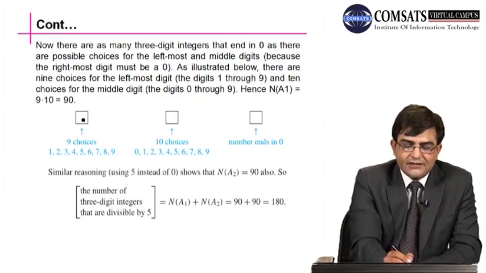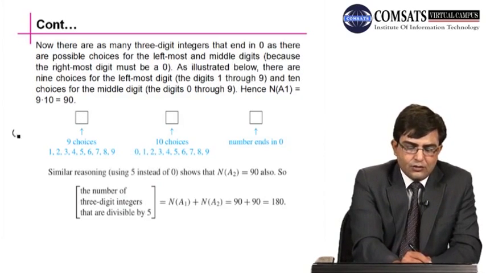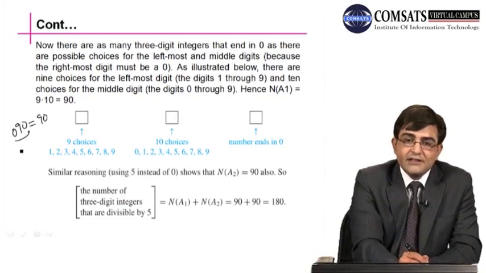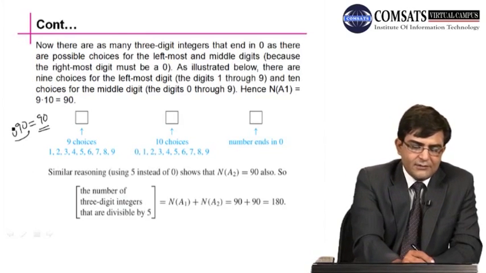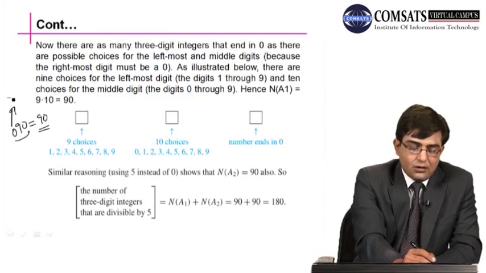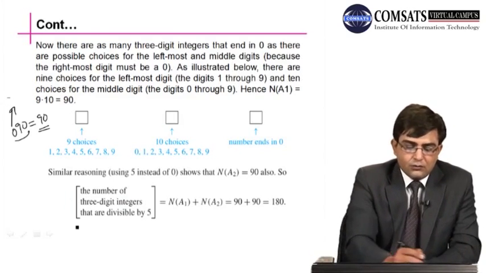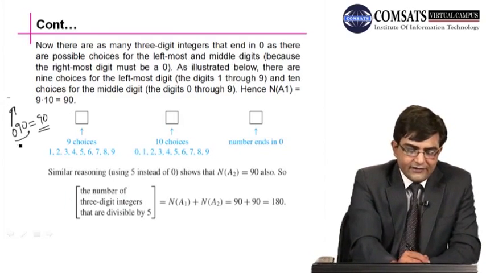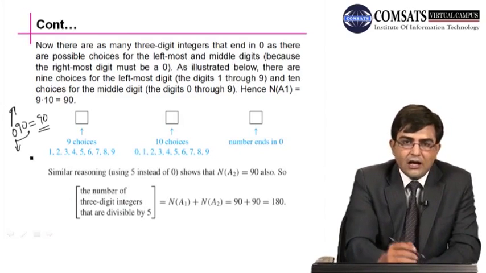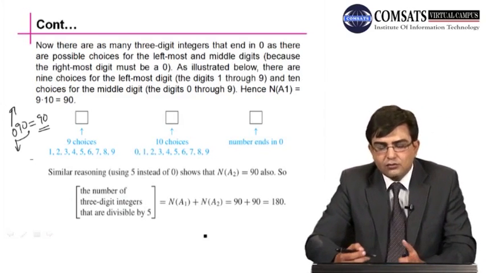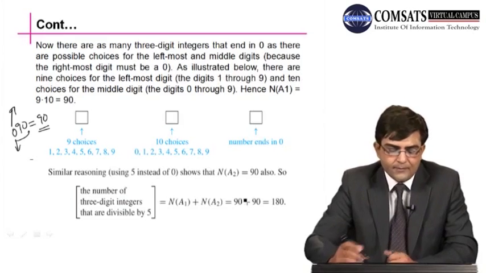If the first digit is 0, for example if we write 090, it means 90. It's not a 3-digit integer, this is basically a 2-digit integer. So at the first place we must not have 0. Here we must have either 1, 2, 3, 4, and so on up to 9.